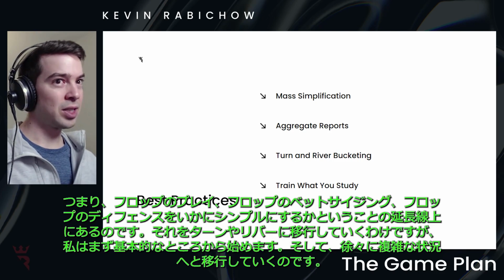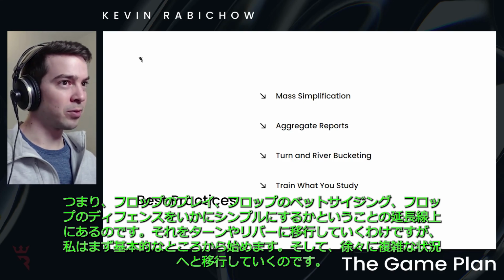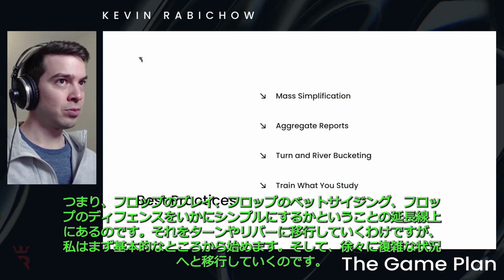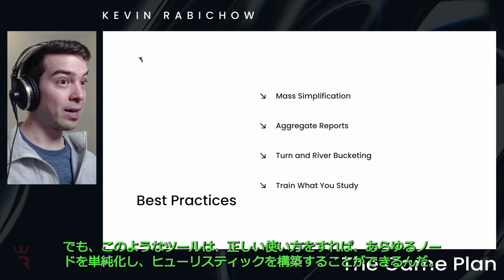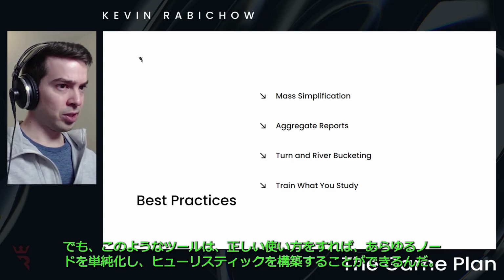So this is really the extension beyond how am I simplifying my flop play, my flop bet sizing, my flop defense, moving that into turns, moving that into rivers. I would start with the fundamentals, and I would gradually move to more complex situations. But tools like this allow you to simplify and to build heuristics for all the different nodes if you're using them the right way.